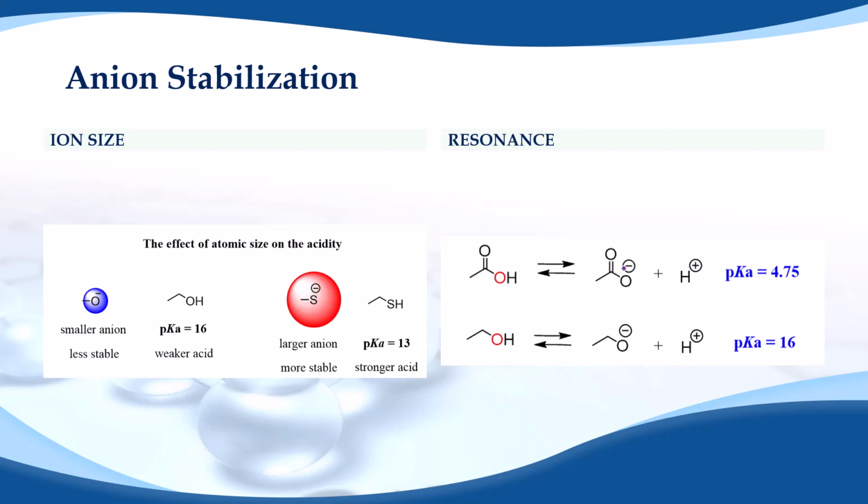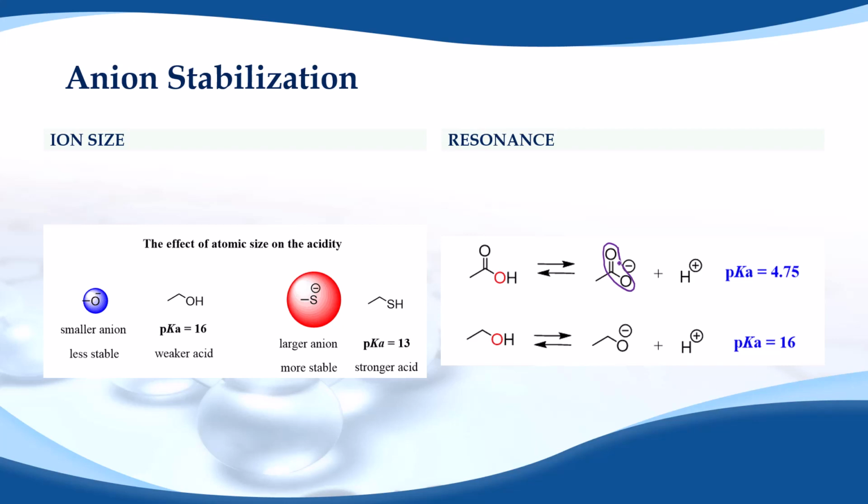Meanwhile, in acetic acid, you can delocalize this negative charge among this region because it experiences resonance. So resonance can stabilize ions. That makes it easier to pull away the hydrogen because the anion is more stable. Those are some different ways that you can affect the strength of an acid.